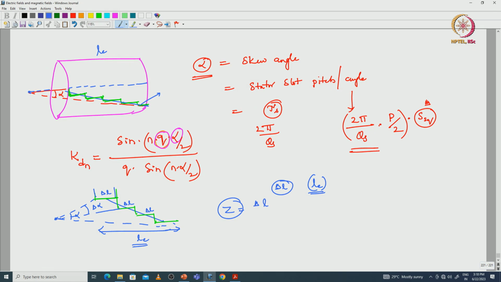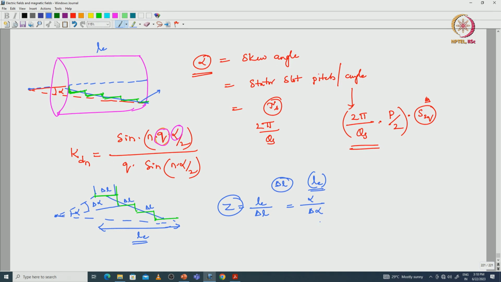is equals to LE divided by delta L. LE represents the total length of the core, and delta L represents the small straight bar length. Then it will give the total number of straight bars. And in terms of angle, if you want to represent, then alpha divided by delta alpha. This also will give the number of straight bars.